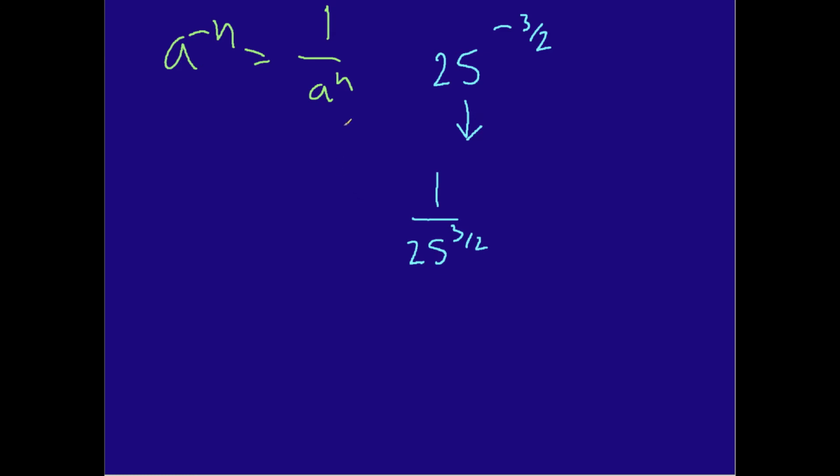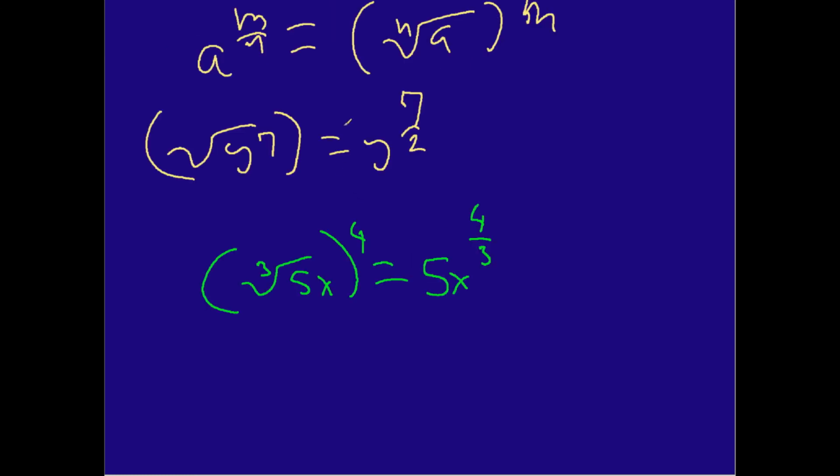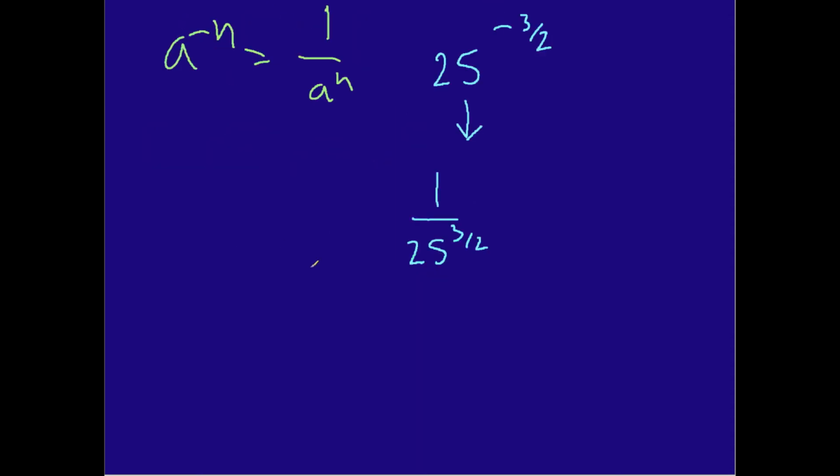Well, we have to do what we did on the previous slide. We have this kind of format now, and so we have to follow this. Let me draw my little arrow here. I have 1, and then right here I have the square root of 25, and then on the outside I have 3, like so. That's following that second example that I gave you on the previous slide.